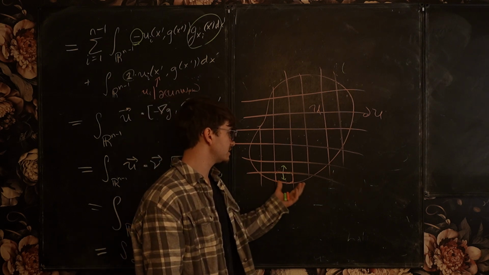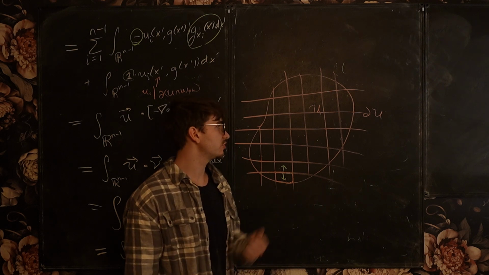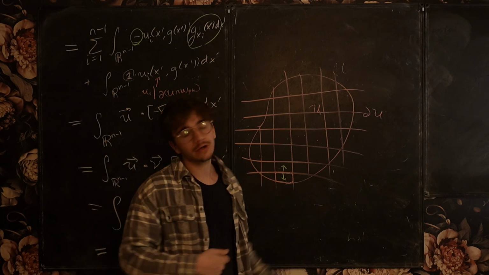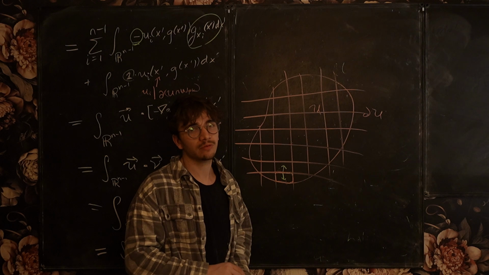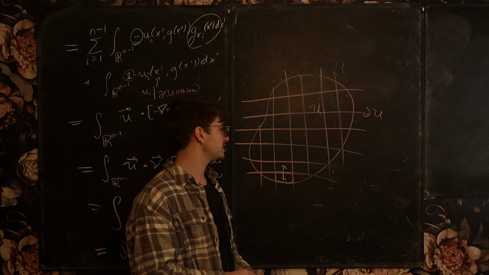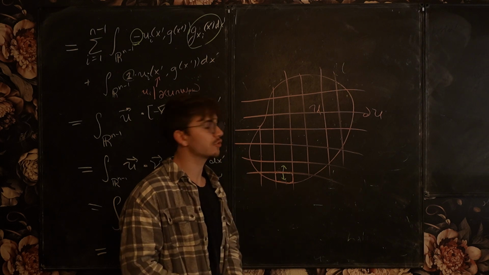And so what that tells us is that this is actually an alternate framework that one could use to prove the Gauss-Green theorem without using this partition of unity argument, which is a little bit technical.